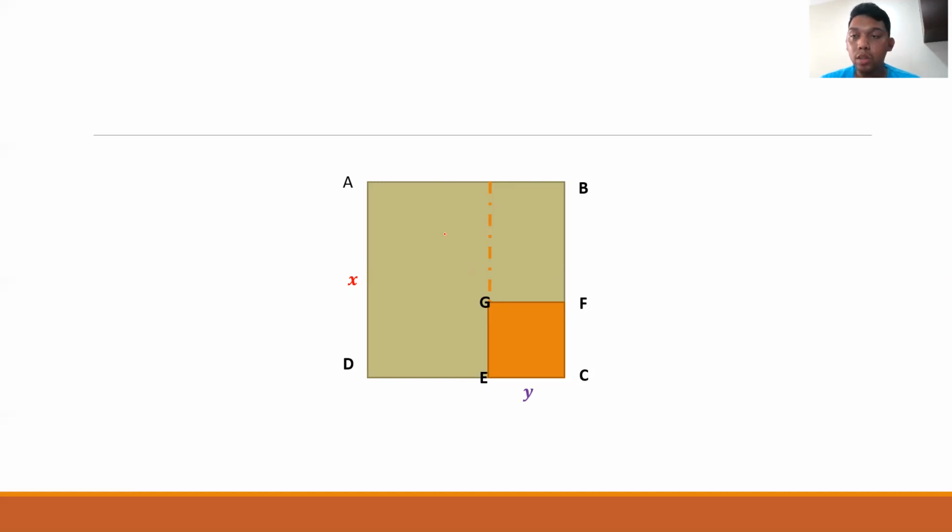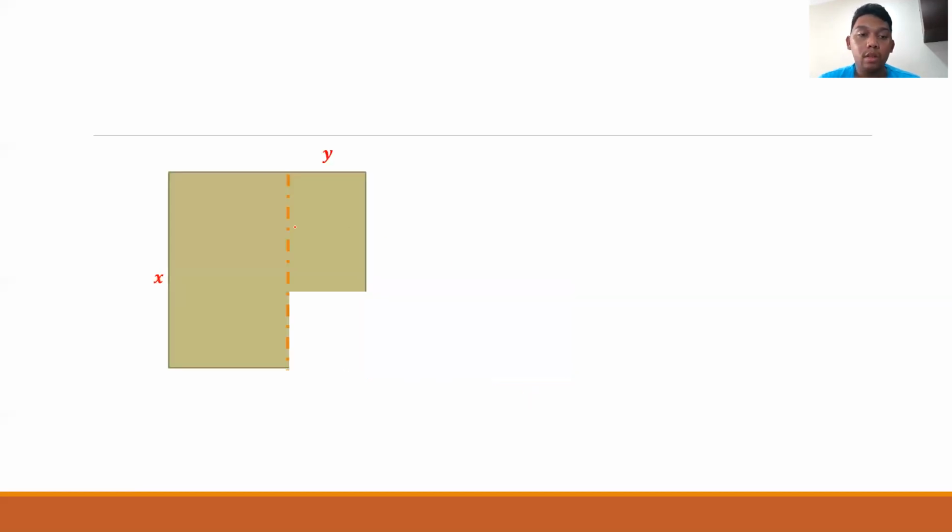So taking into consideration, this is the remaining one. Take note that the smaller square earlier has the side of y. So if you cut this part here, it will also equal y. So the measurement of the side in this part up until here is y.